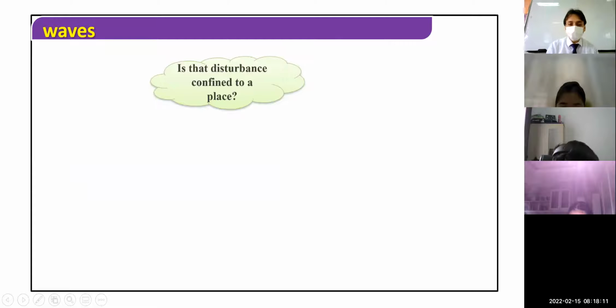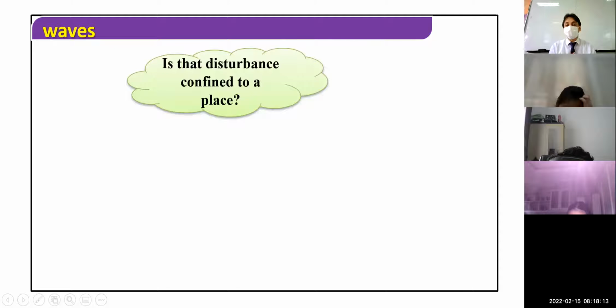Now the next question is, is that disturbance confined to a place? What does it mean by this statement, children? When a stone collides with the water molecules, we have seen waves generated, disturbance generated, ripples formed.